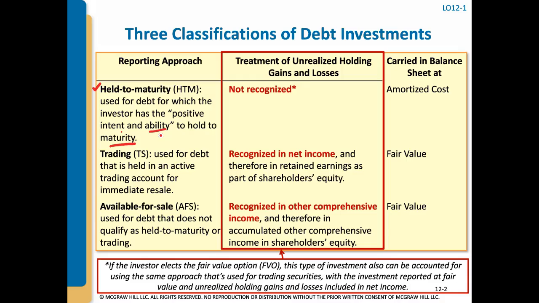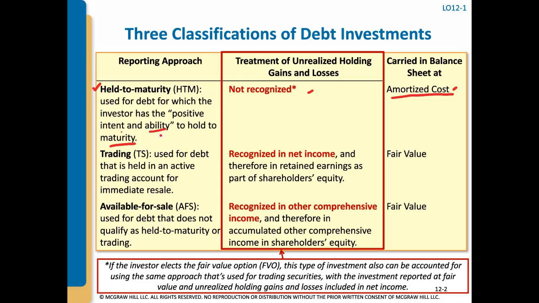In a held to maturity, we don't record unrealized holding gains or losses. The amount that's carried on the balance sheet is the amortized cost, which we went over in the effective interest method video beforehand. So the net book value at the end of each payment period is their amortized cost value.